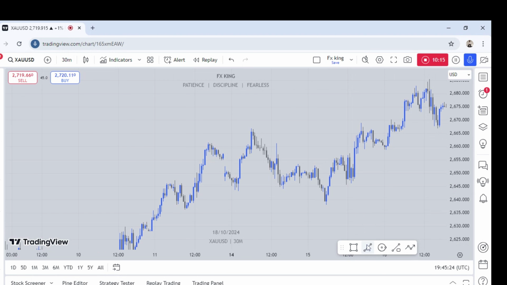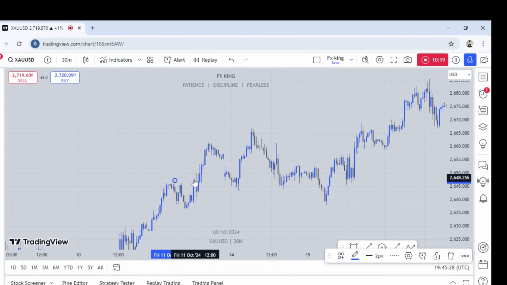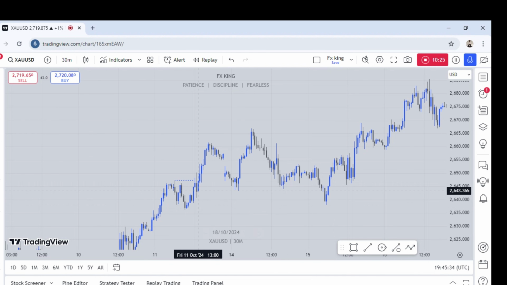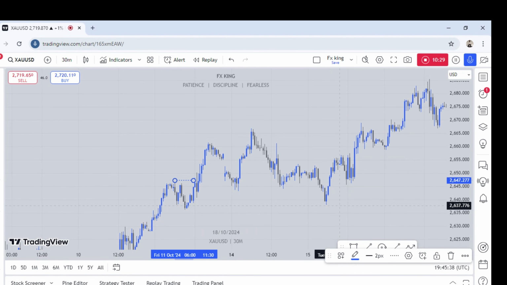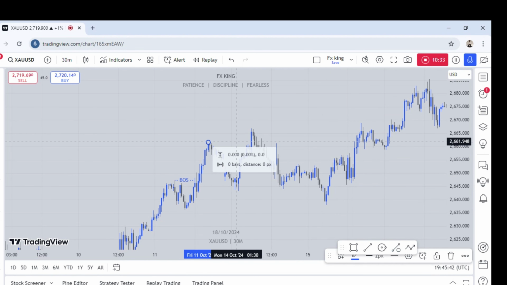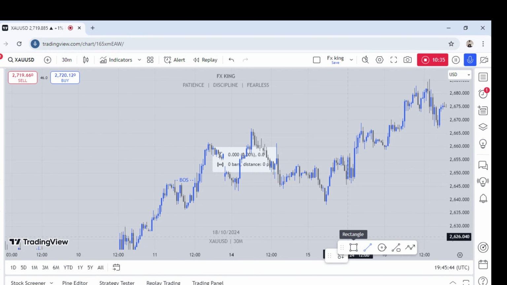Let's take for example, we have this here. Let's say you map this as your break of structure here, then you come here again, you map this as your break of structure.